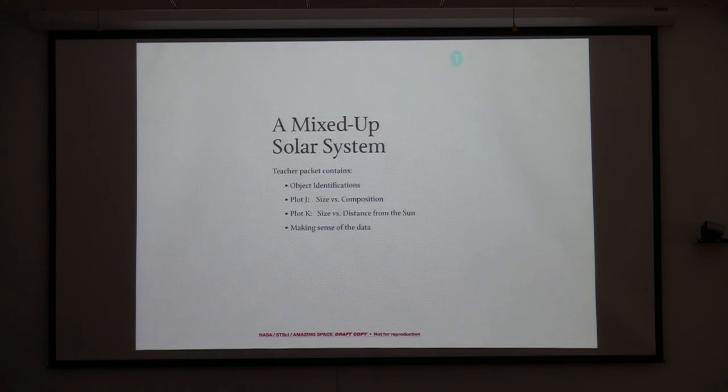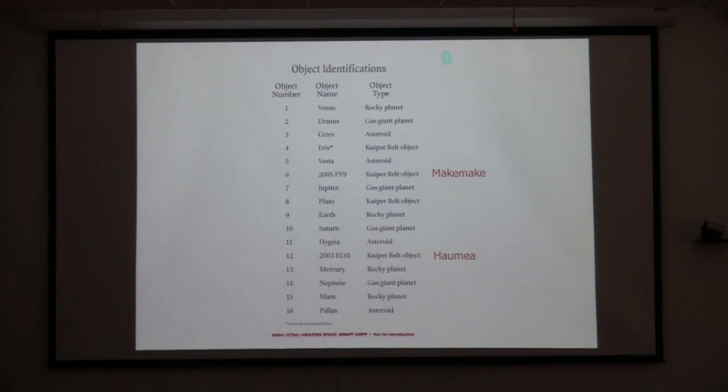Okay, so here are the objects, okay? We have Venus, Uranus, Ceres, which is the largest of the asteroids, Eris, which is the largest of the Kuiper Belt objects, Vesta, second largest of the asteroids, Makemake, another Kuiper Belt object, Jupiter, Pluto, Earth, Saturn, Hygeia, another asteroid, Haumea, Kuiper Belt object, Mercury, Neptune, Mars, and Pallas, another asteroid.